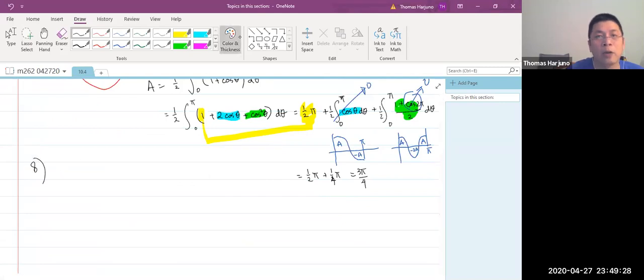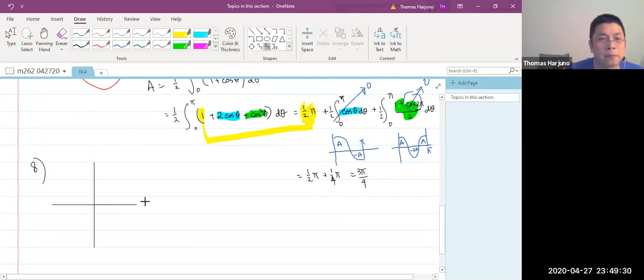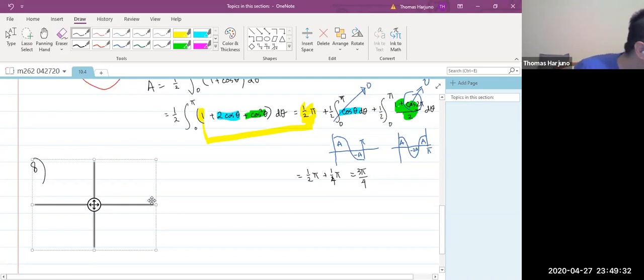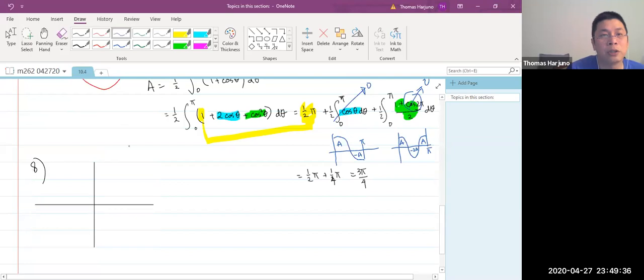Number 8, we have r equals sine 2 theta. Good news, they give us the graph. It looks like this, and then later on continues here, and here.